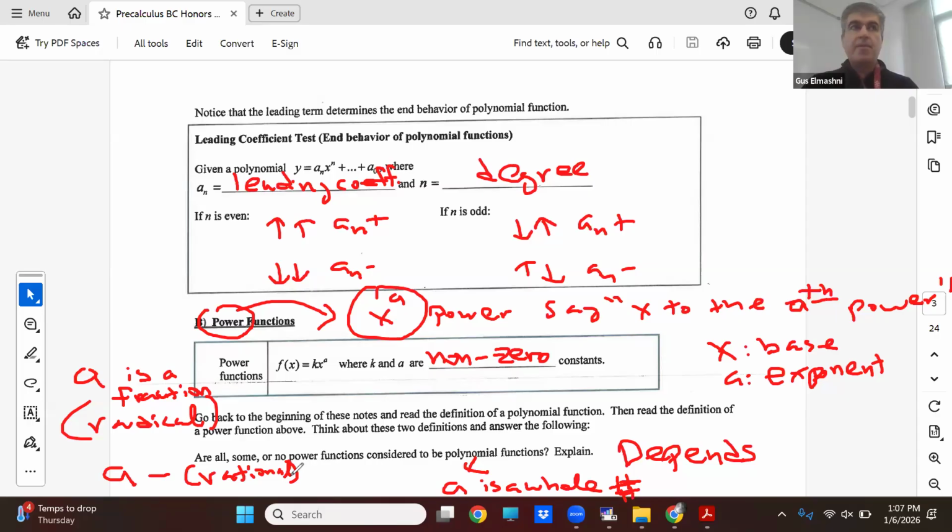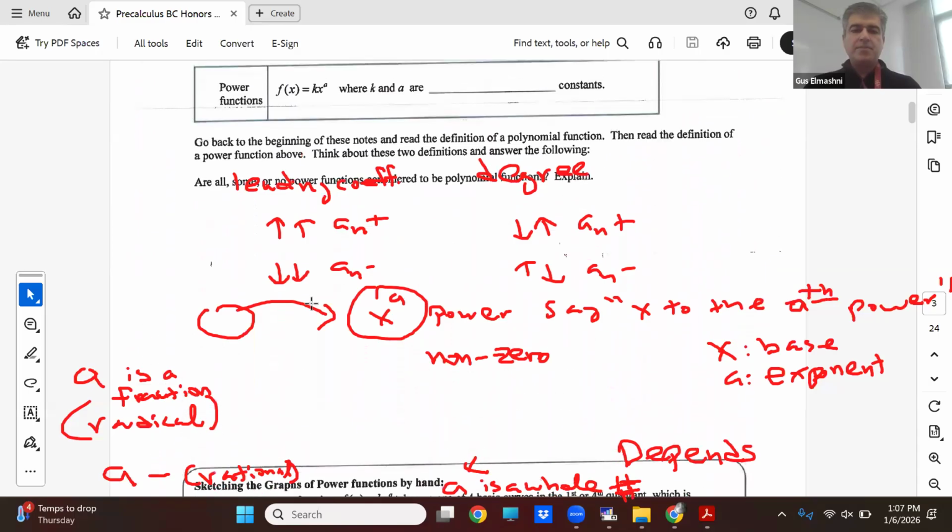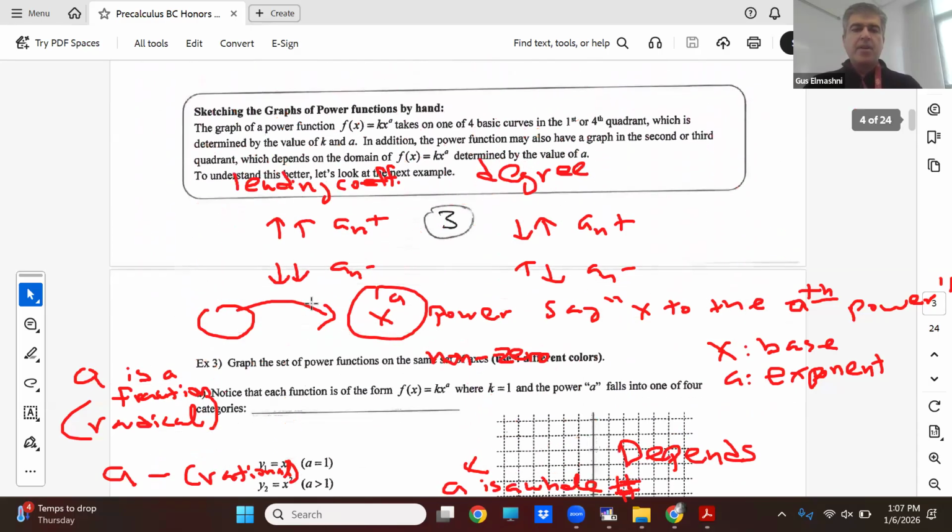Okay, we're good on this terminology and how these things are behaving.